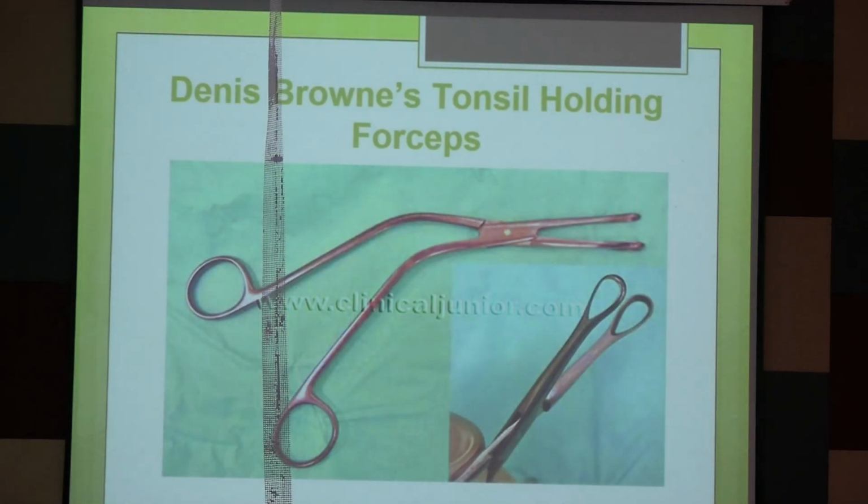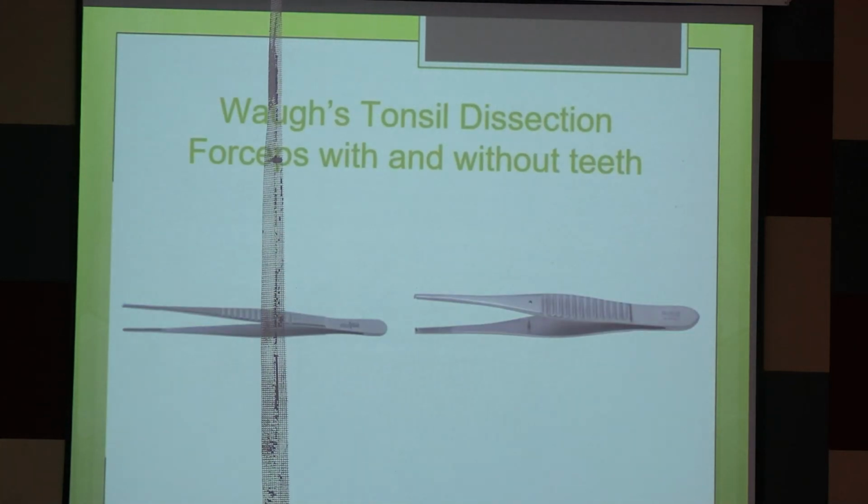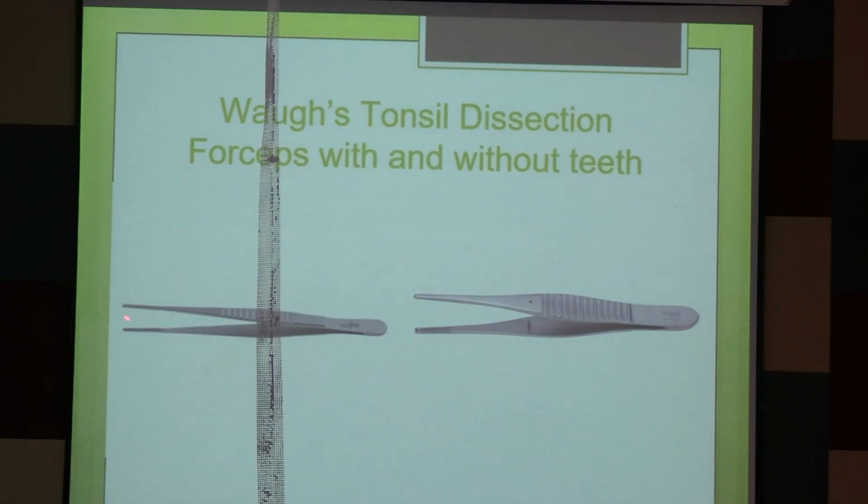Yes? Yeah, catch. This is tonsil dissection forceps, okay? One is having a tooth, other one is plain forceps. Sorry, this one is having tooth, this is a plain forceps without tooth, right? Tooth is for holding tougher tissues like skin and all, okay?